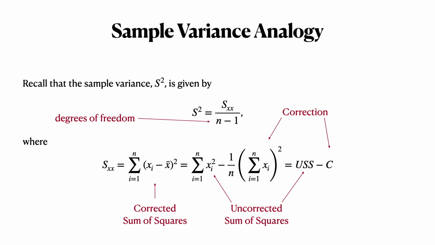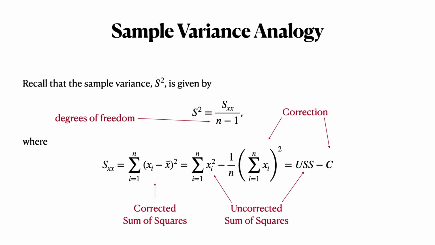Note also that the denominator in the sample variance is n minus 1. Now, that n minus 1 represents the number of linearly independent components comprising that corrected sum of squares.